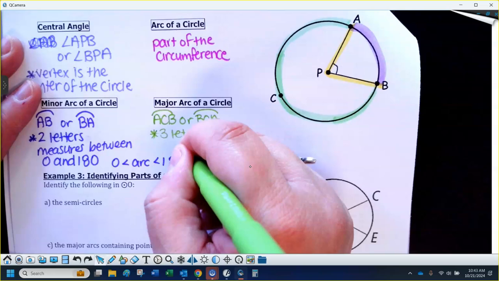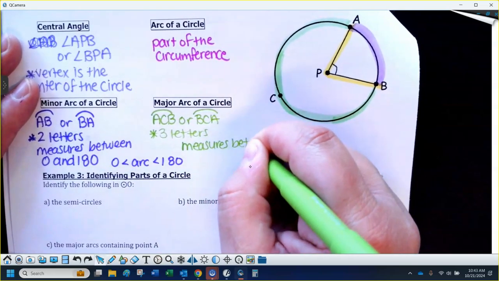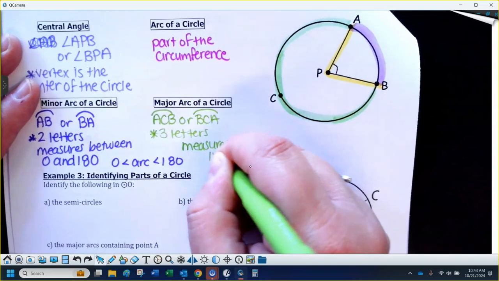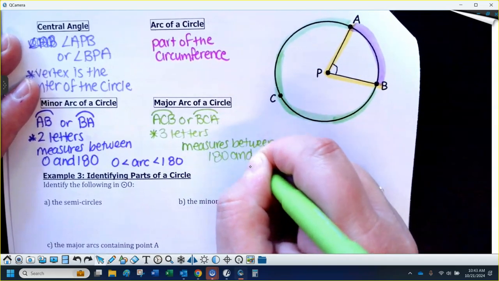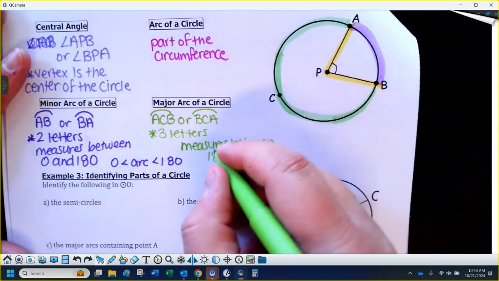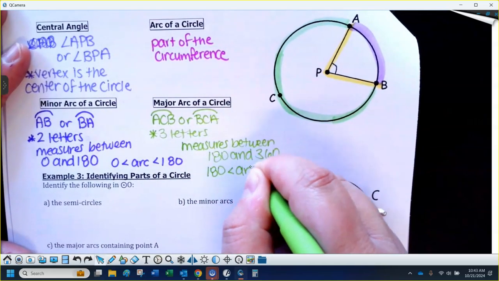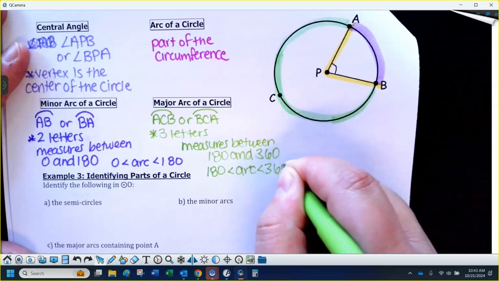Now, in this case, your measure is between 180 and 360. So it can't be equal to 180, it can't be equal to 360. So basically I'm going to write that my arc is going to be between 180 and 360.